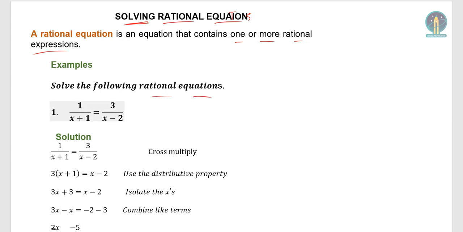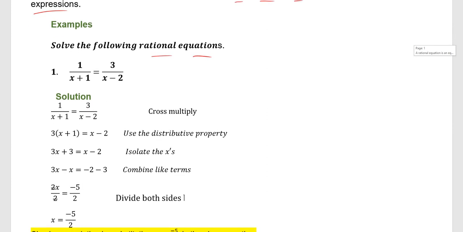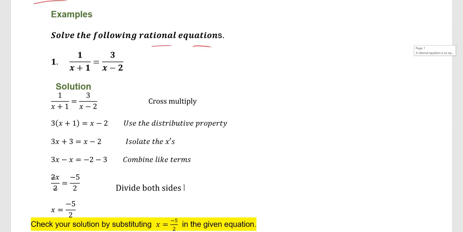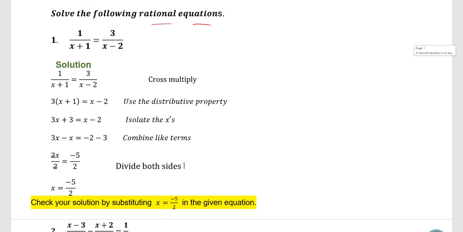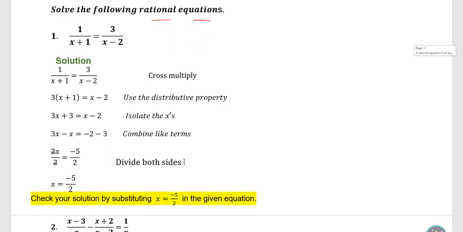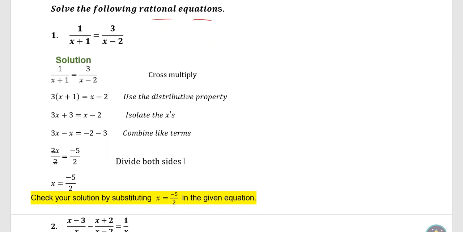Example 1. 1 over x plus 1 equals 3 over x minus 2. Now, the main trick to solving rational equations involves eliminating the fractions, the complex fractions, and rewriting the expression as a simple algebraic expression: trinomial, binomial, monomial, etc. But the main trick is to eliminate the complex fractions, right?